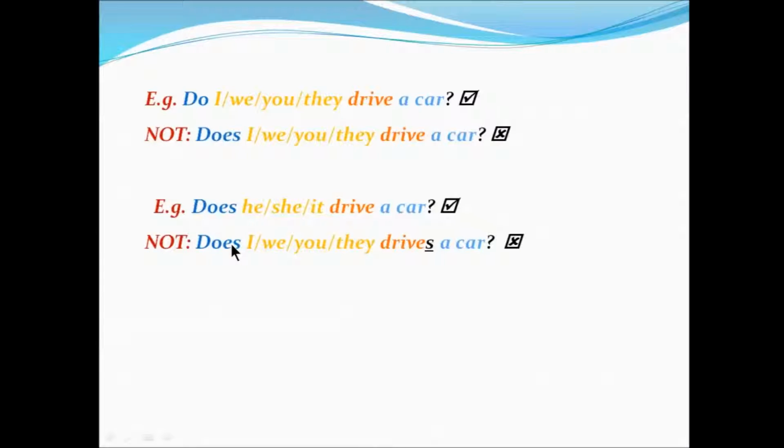There is no using with does. And another problem is that you put an s after the main verb. Although the subject is the third person singular, so that is does he and then drives with an s. That is still wrong. When you use does in front of the sentence to make the question, there is no s after the main verb.